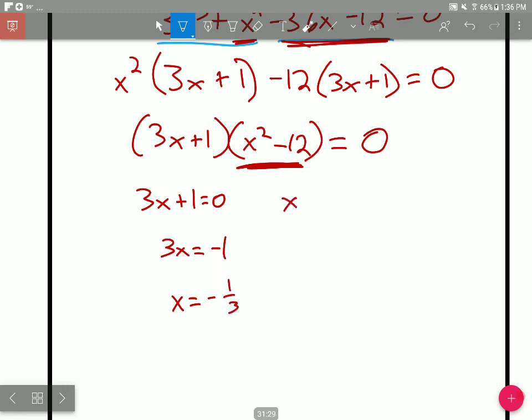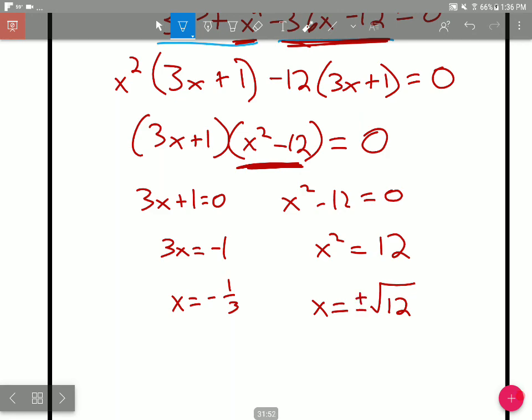I got x squared minus 12 equals 0. So move the 12 over, you get x squared equals 12. Where do we go from there? Square root it. So I get x equals... What goes in front of it? Plus or minus. Good.